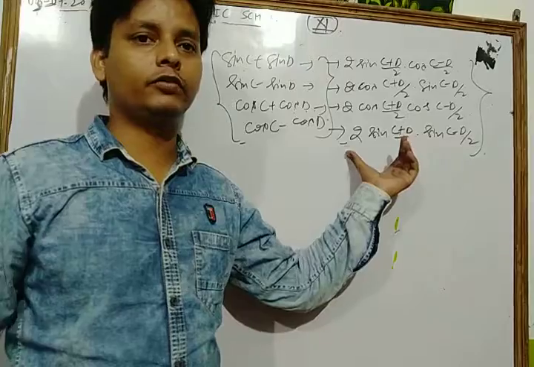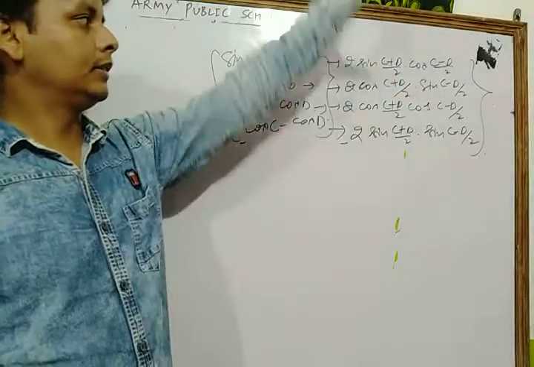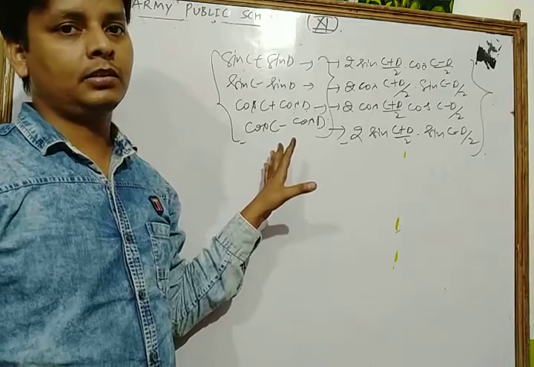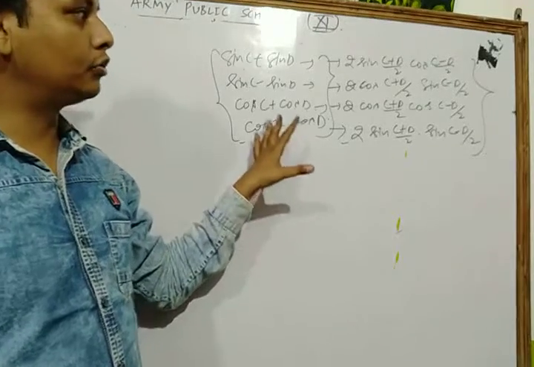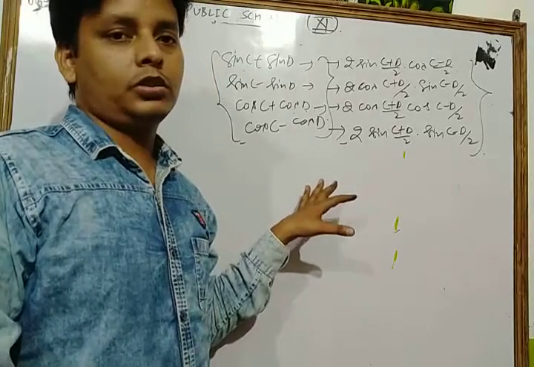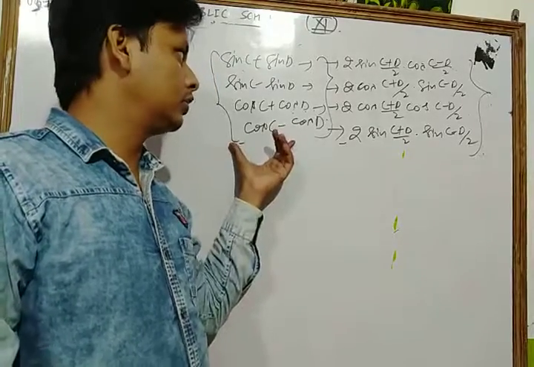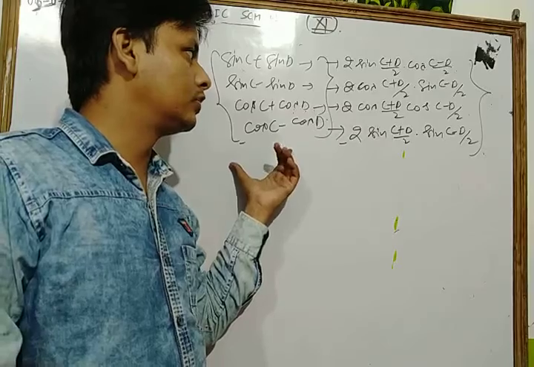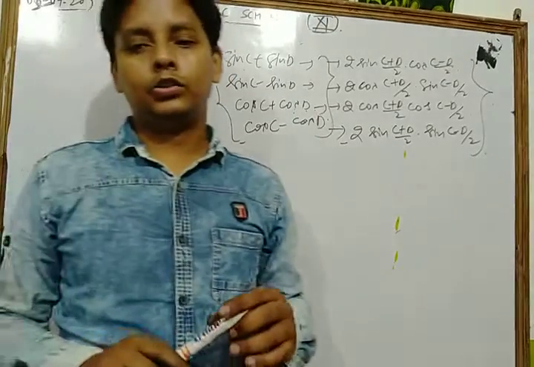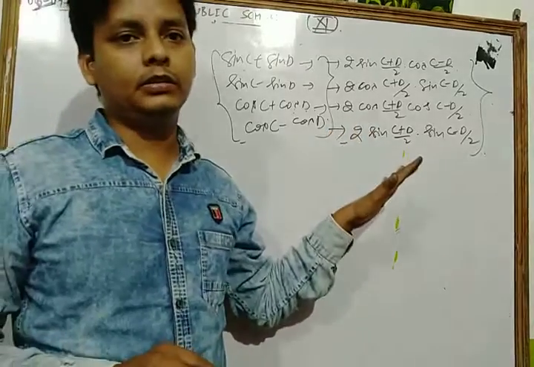Okay, so dear students, first you learn all these 4 identities carefully. After that you solve all the questions. You can solve all the questions of your NCERT exercise based on these identities. Okay, now today this topic is completed.